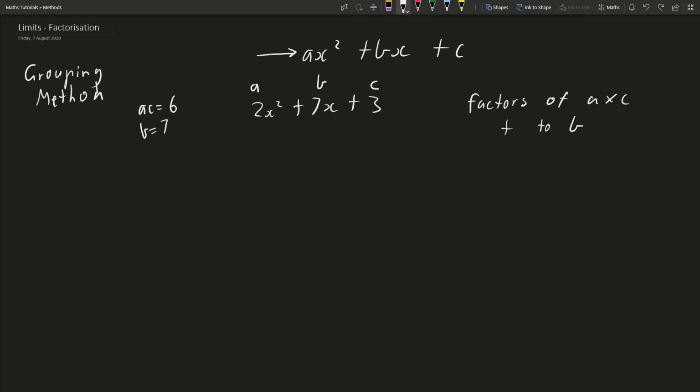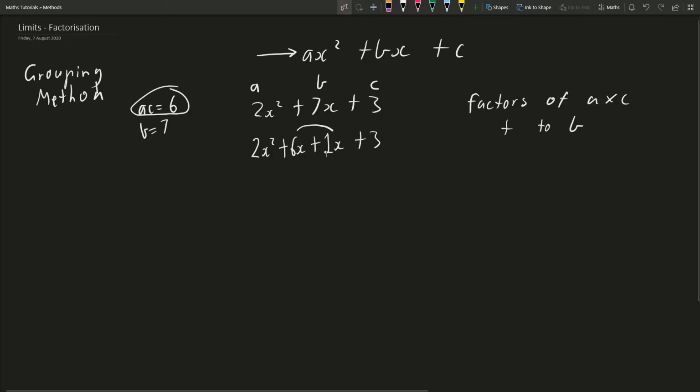So we're then going to rewrite this out now with the 7x split into these two factors. So we have 2x squared plus 6x plus 1x plus 3. So you can see here, the 6x and the 1x add together to become 7x, but they're also factors of 6, AC over here.